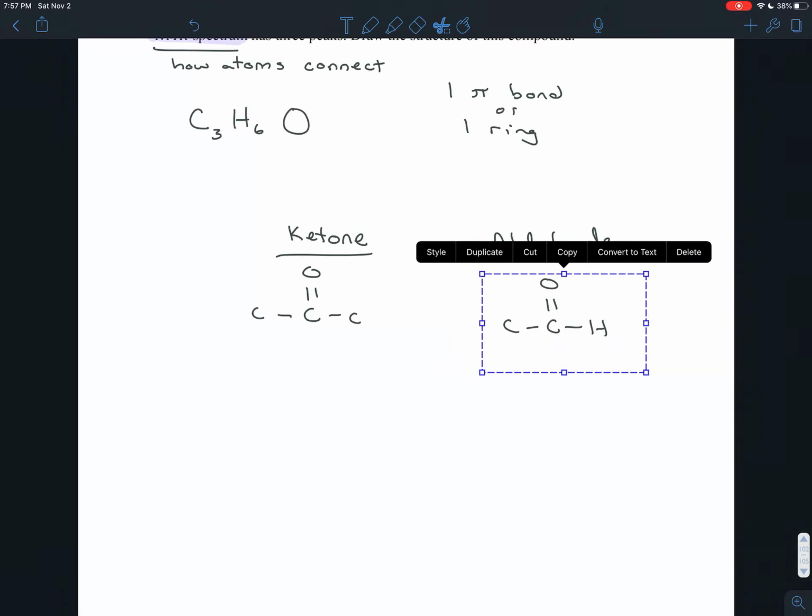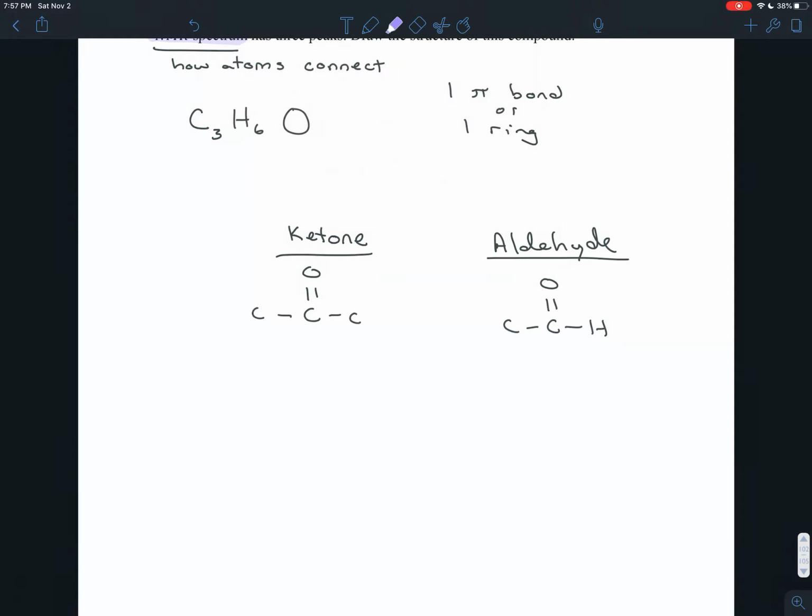So there's only one bond that can tell these apart. And the bond is the bond between the carbonyl carbon and a hydrogen. The bond between a carbonyl carbon and a carbon, that's in both of them. The bond between a carbonyl oxygen and carbon, that's in both of them. The only bond that's unique is the carbonyl carbon to hydrogen bond.